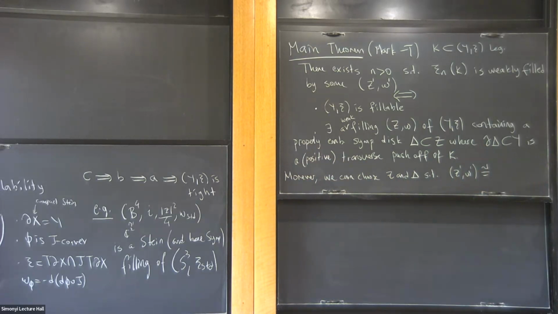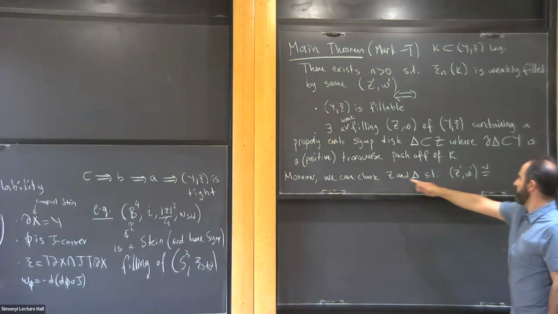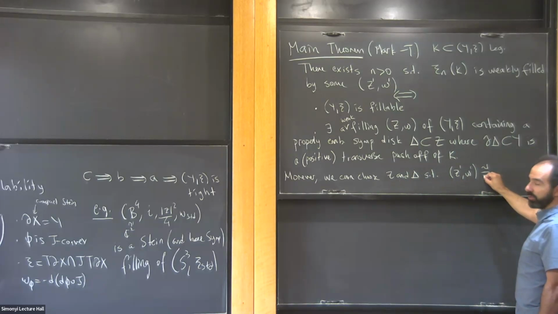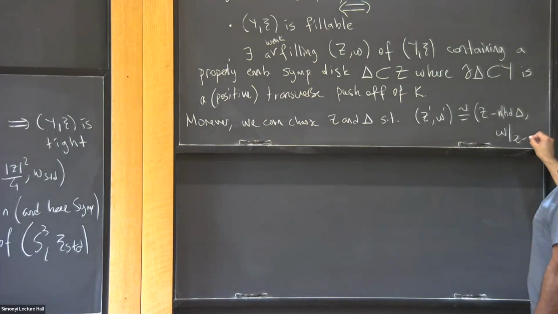Then for a generic band, if I push off that knot, it would be a transverse knot. Correct. And it is unique once you specify the sign. Exactly. So this symplectic filling, you can choose the (Z, ω) such that it's symplectomorphic to the complement, given by removing a suitable neighborhood of Δ, and the symplectic form ω' is nothing but ω restricted to this complement.